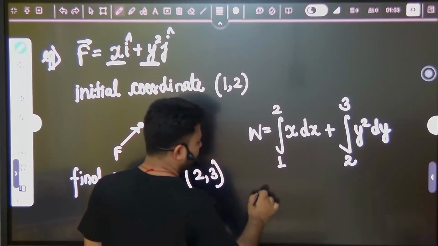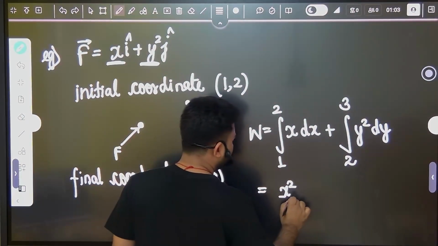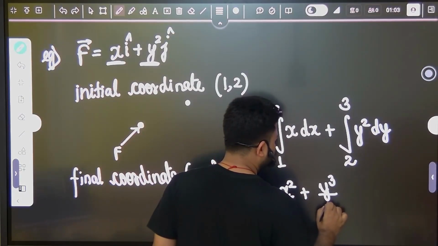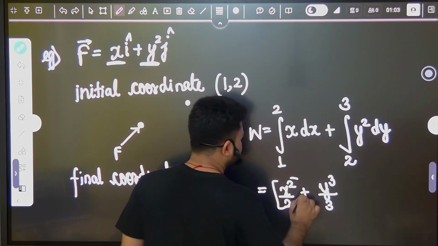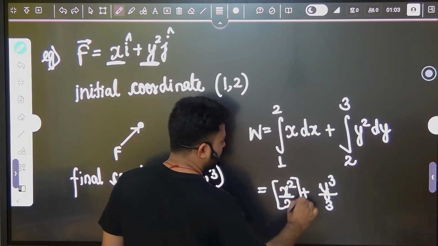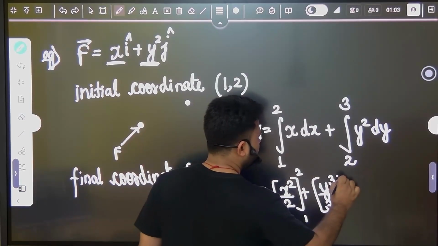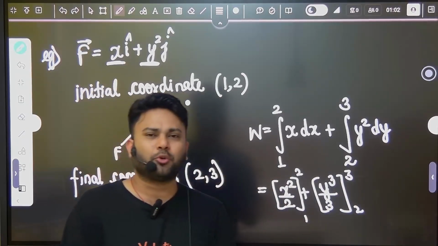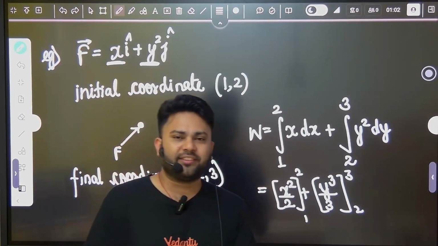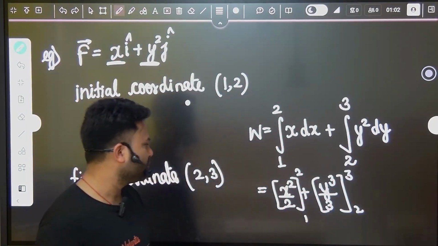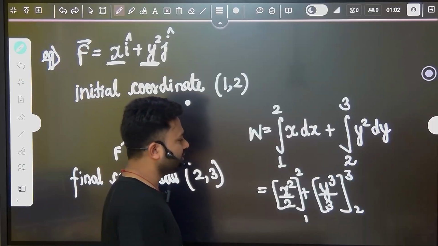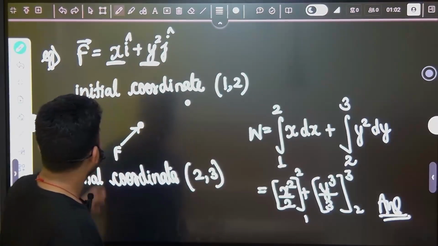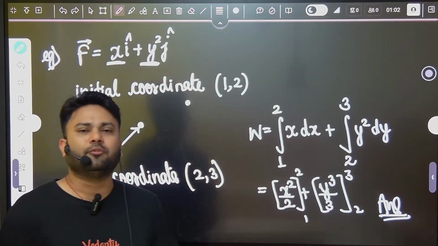Now you have to solve this. Integration of x gives x square by 2, and integration of y square gives y cube by 3. Then you have to set the limits, from 1 to 2 for x, and from 2 to 3 for y. Now the rest is mathematics. I am not here to do the calculation because in a short duration we have to complete the chapter. You can do upper limit minus lower limit and get the answer. So this is how we solve the work done for a variable force.